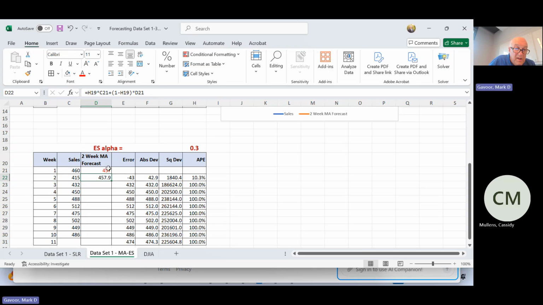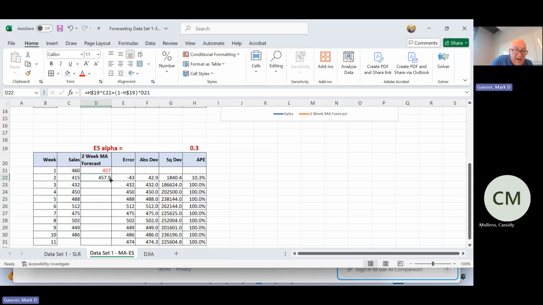So in that formula, the way to lock it when I'm dragging downwards, I put a dollar sign between the H and the 19. If I want to lock it the other way, put the dollar sign before the H. If I want to lock it no matter whichever way I drag it, I put it both in front and after. So now I do that.